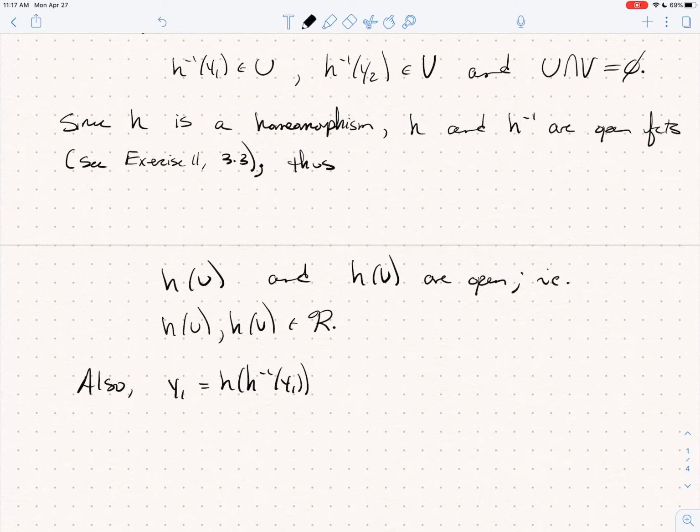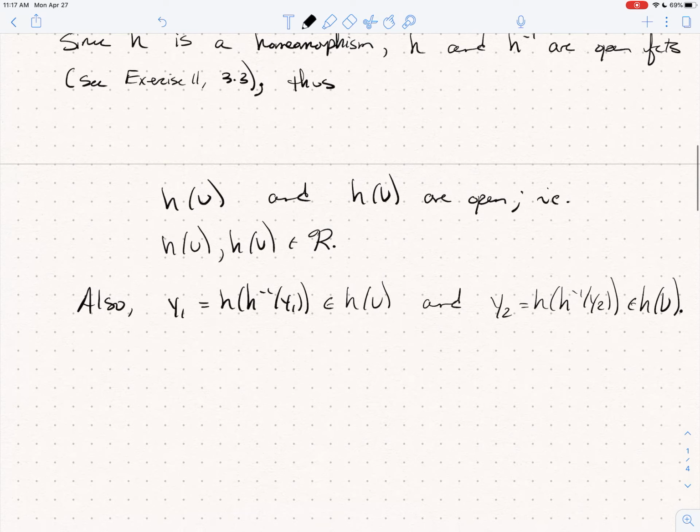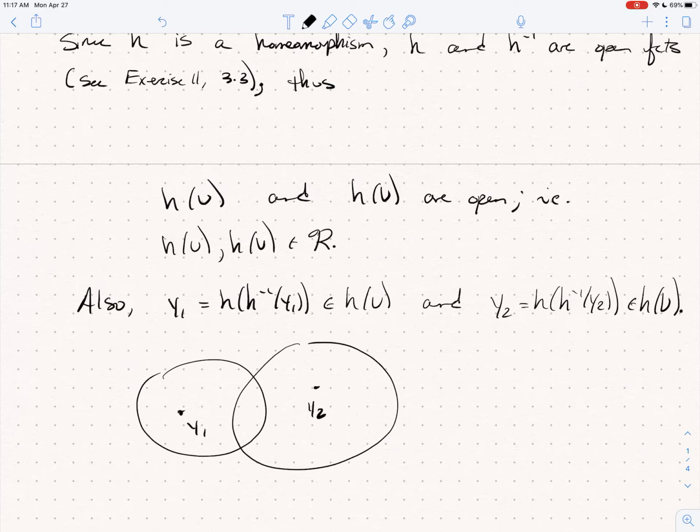It lives in U. So H of H inverse of Y1, which is just Y1, certainly lives in H of U. And you can check that Y2, which is H of H inverse of Y2, certainly lives in H of V. So we've been able to do two things: we took our two points, Y1 and Y2, and we've got open sets around them. The open set around Y1 is H of U, and the open set around Y2 is H of V.